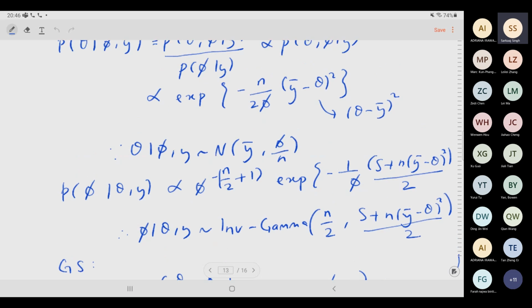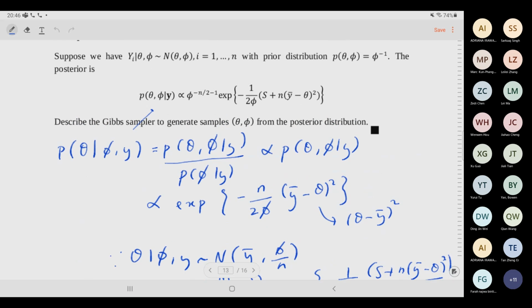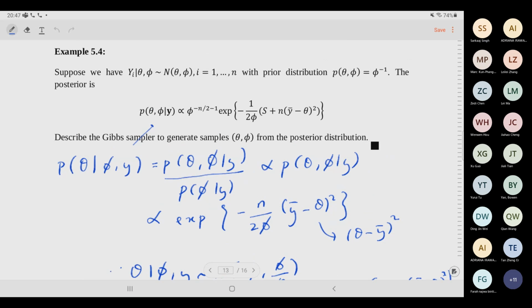So you're saying that when we can get out these conditional probabilities that are recognizable, then we use the Gibbs sampler.